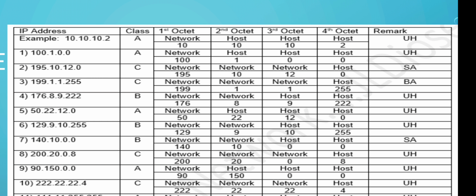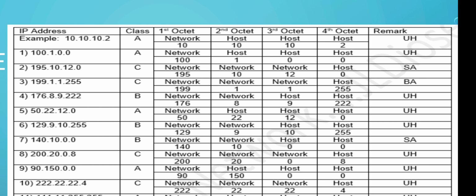Oh, there is a 0 in the host part. What's the rule of subnet address? All host parts must be 0. So the number 2 problem meets the requirement, so it is a subnet address.